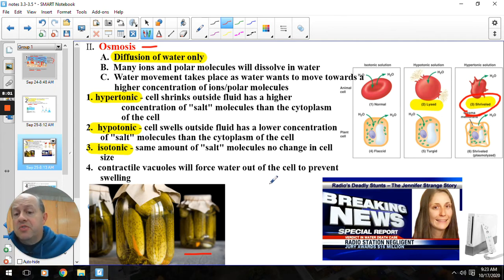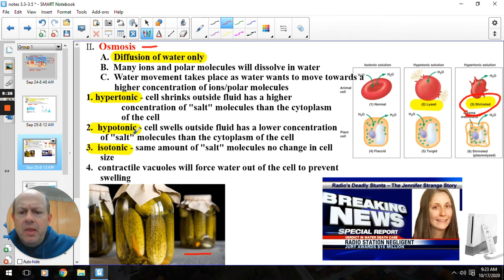That's why you're not supposed to drink salt water, because you're drinking salty solutions, and the water inside your cells will want to go to the outside where you've been bringing in salty water. So hypertonic, hyper means more than, and so we have more solute particles outside, and that's why water wants to go towards them.